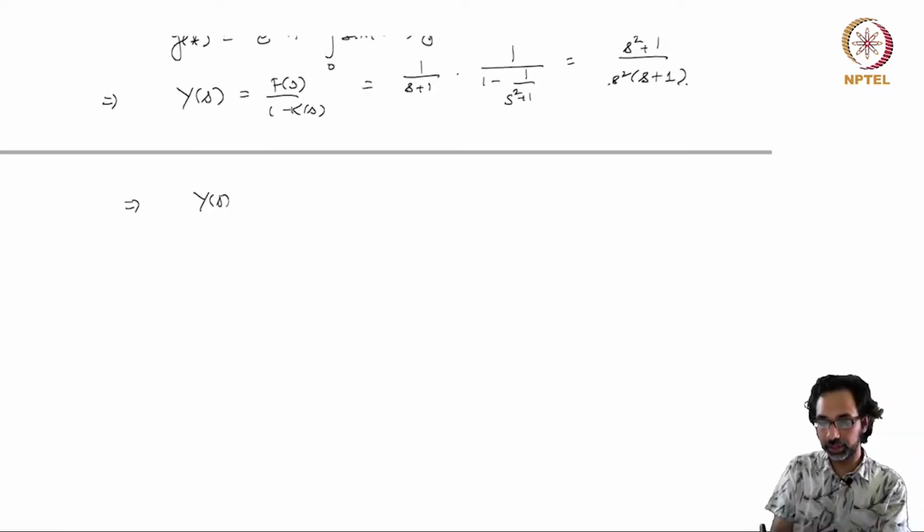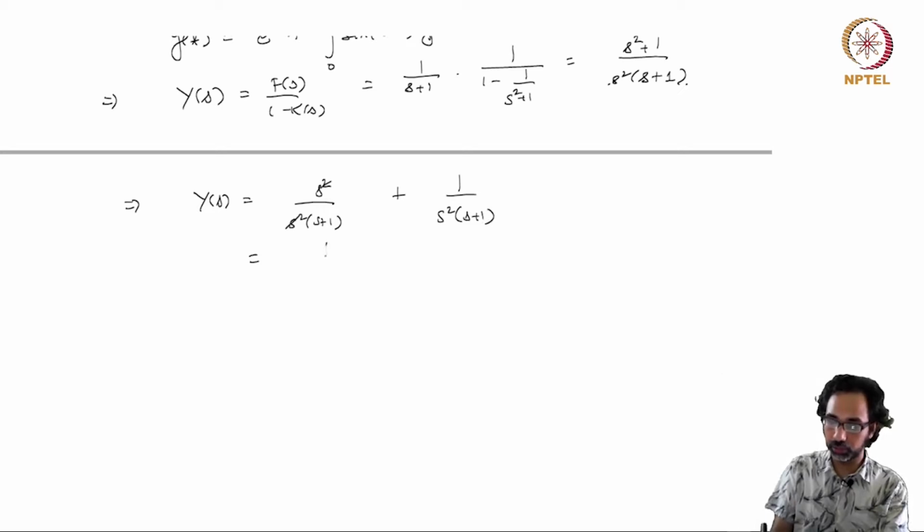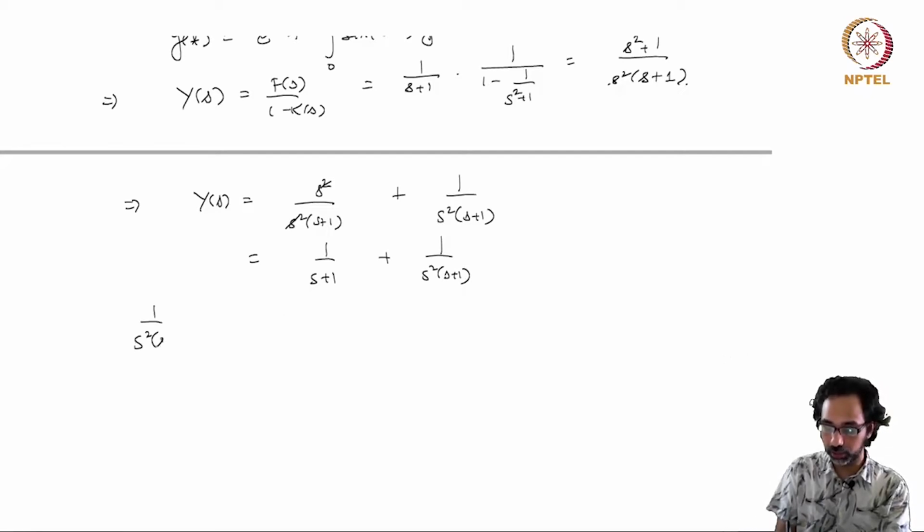We can simplify this a little bit further. You can write s squared over s squared times (s plus 1), and the second term 1 over s squared times (s plus 1). The first term is simply 1 over s plus 1 and the second term is 1 over s squared times (s plus 1). We can use partial fractions quite easily: a1 over s plus a2 over s squared plus b over s plus 1.